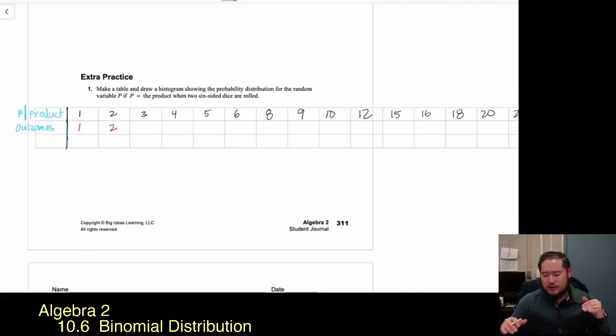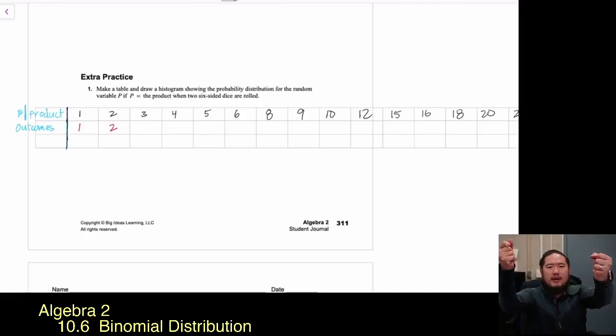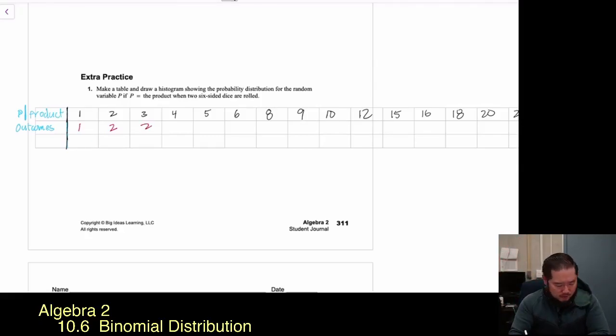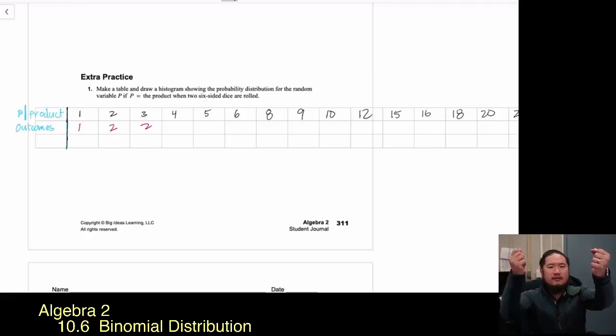So I'm going to go through this and figure out, how many different ways can I roll a 3? I could roll a 1 and a 3. I could also roll a 3 and then a 1, right? So those are two different ways for us to get a 3. How about a 4? What are some different ways? I can have a 1 and a 4. I could have a 4 and a 1. I could also have 2 times 2, right?